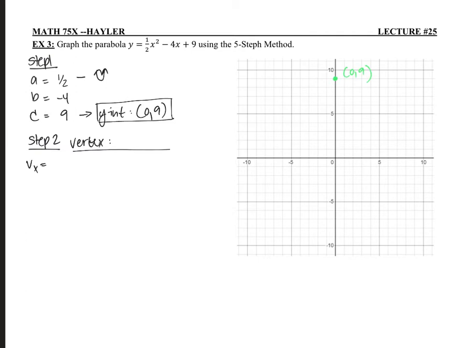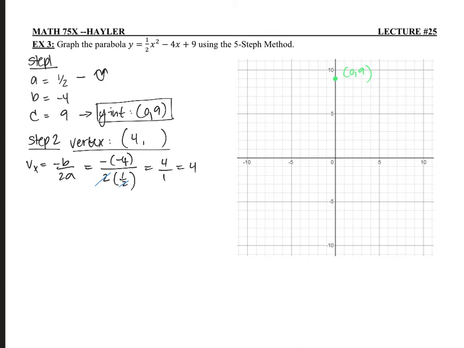V sub x equals negative b over 2a. That's going to equal negative 4 all over 2 times the a value, which is a half. Alright, so the 2's cancel each other out, and we're left with positive 4 over 1, which is just 4. So my x value is 4.